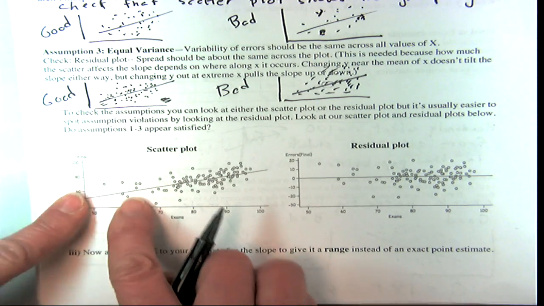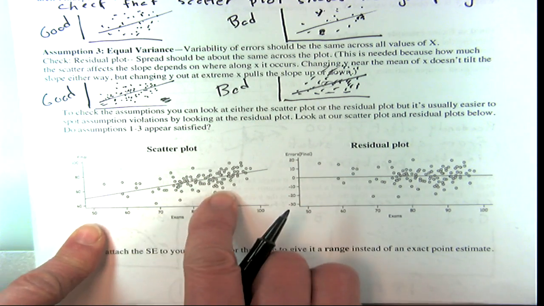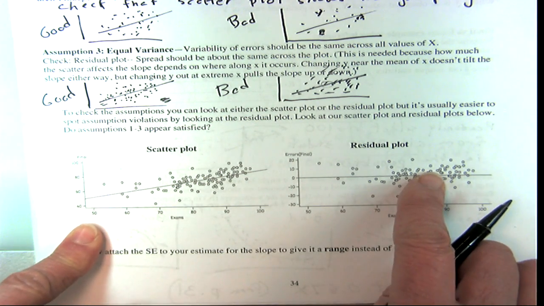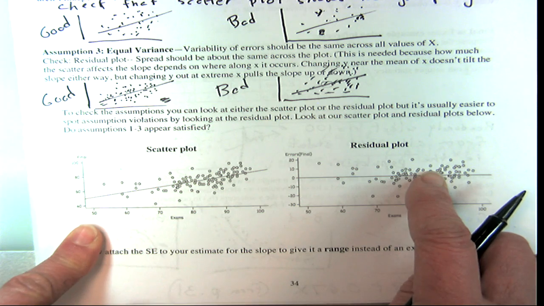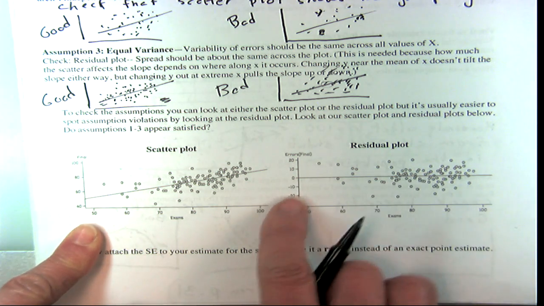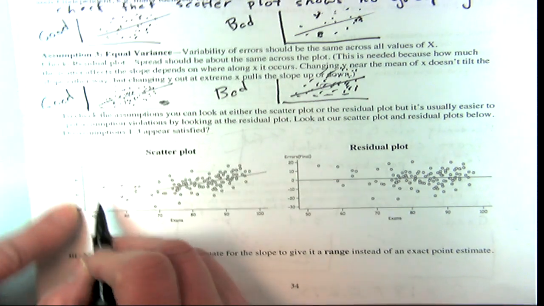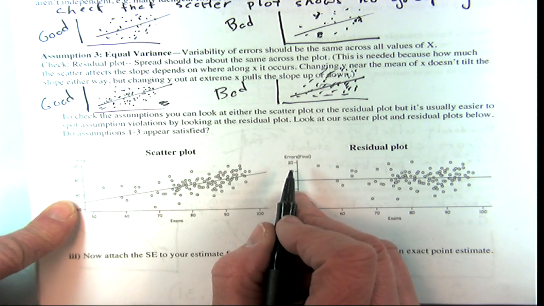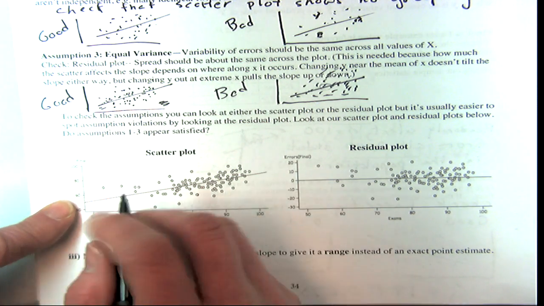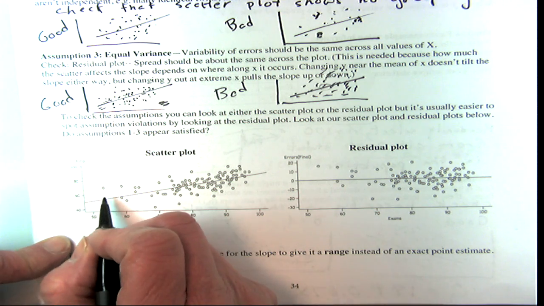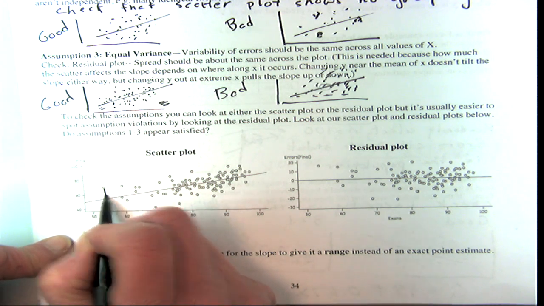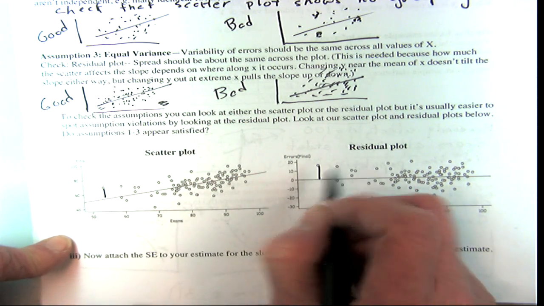And so this is our actual data here. And how do you get the residual plot? Well, the residual plot is plotting, instead of plotting y here, your errors around y. So for example, you're plotting that distance right here.